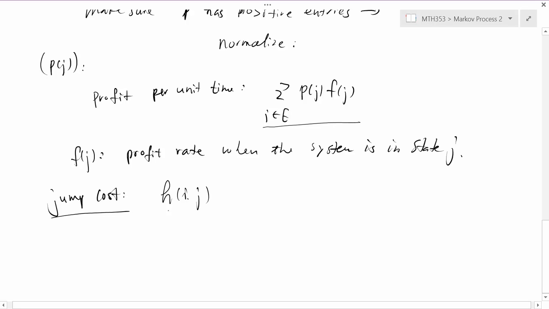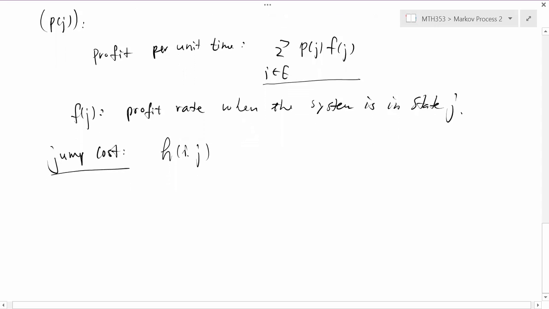When we say jump cost, it's a negative profit, but you can also have a jump profit, then it's positive. In the textbook, they actually have positive jump profit. But here is the way. If you consider the jump cost, then the total profit per unit time is the following.